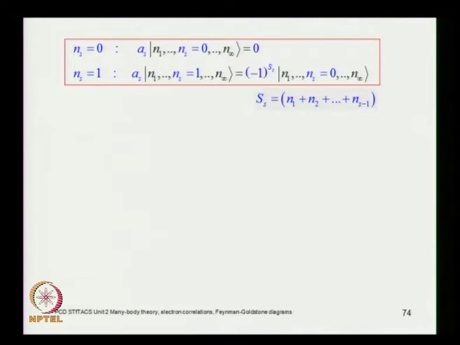Okay, now I am going to rewrite this result in a slightly different form, which is well adapted for the second quantization formulation. It is the same result, but we are going to rewrite it in a slightly different form.